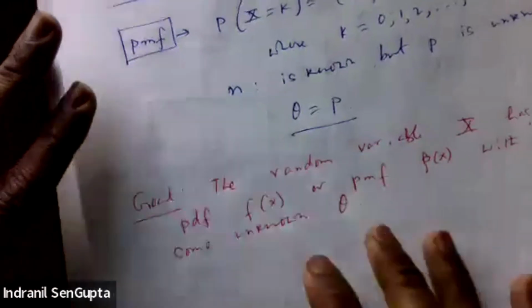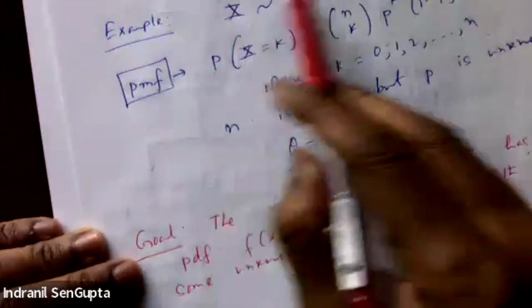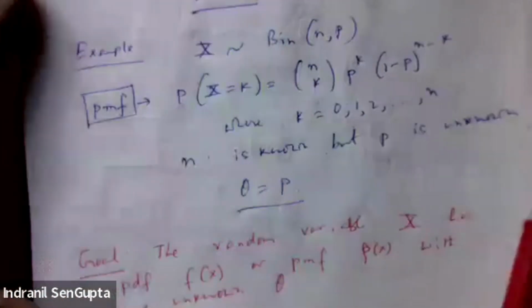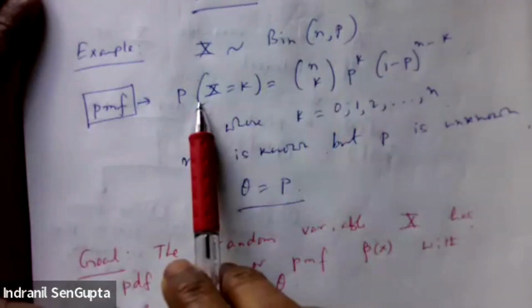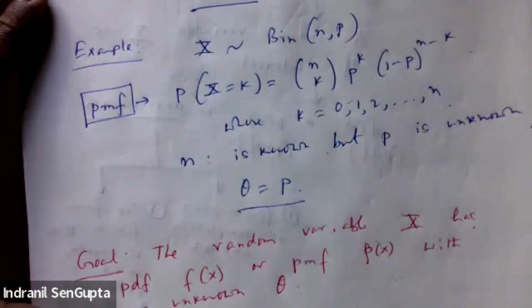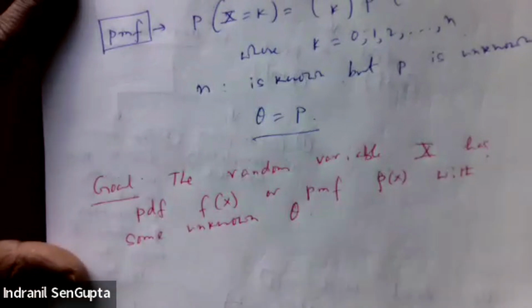So for instance, for the case of binomial, we can say that it has a PMF of this form where this P is unknown. So where P is theta, right?